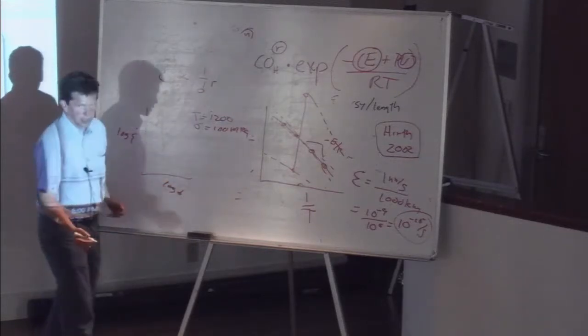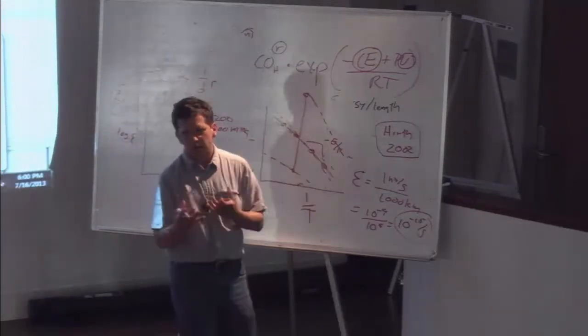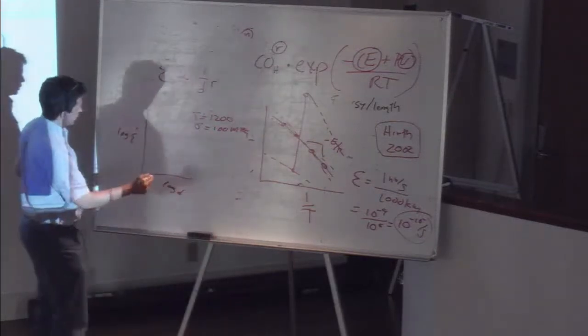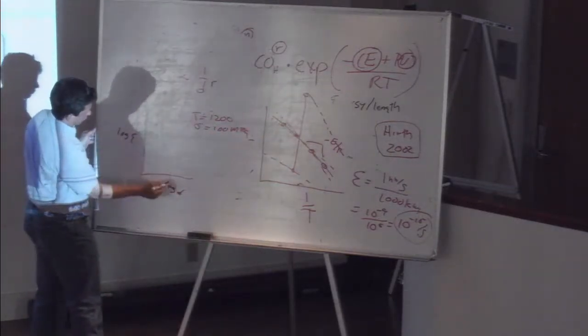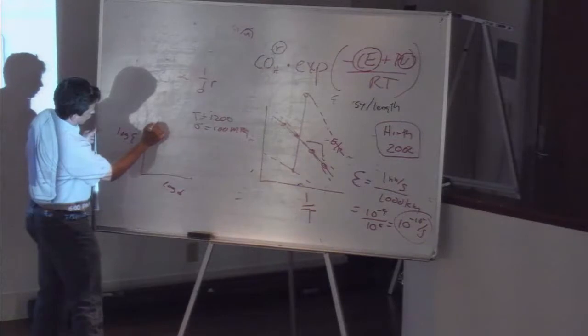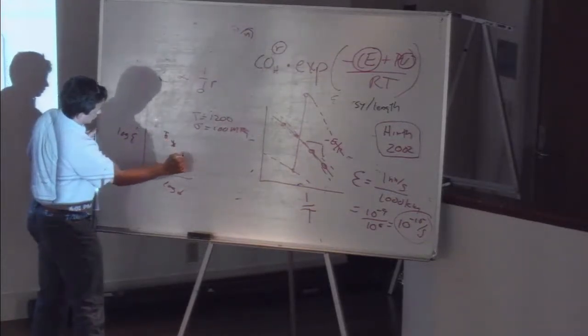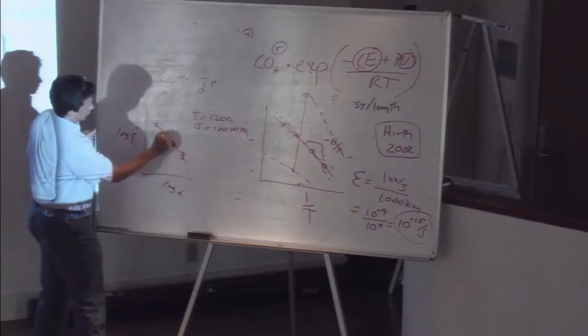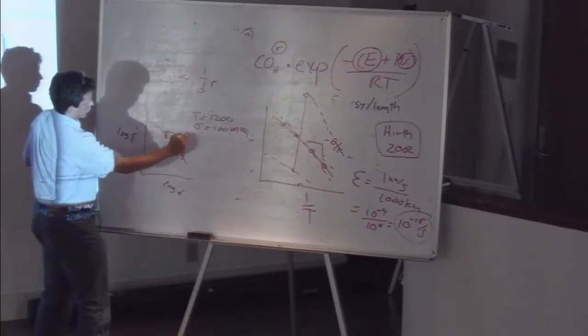You would do that by making rocks that had different grain sizes and doing an experiment. And you would plot up the data and then just fit it, and that slope will be equal to p.